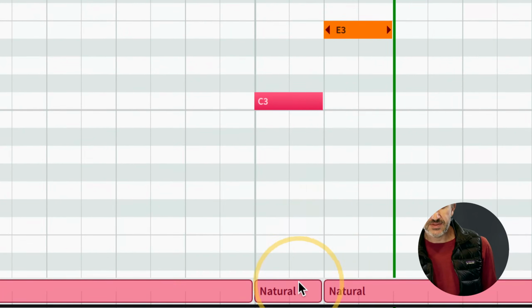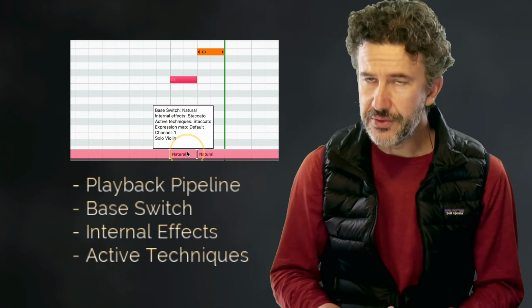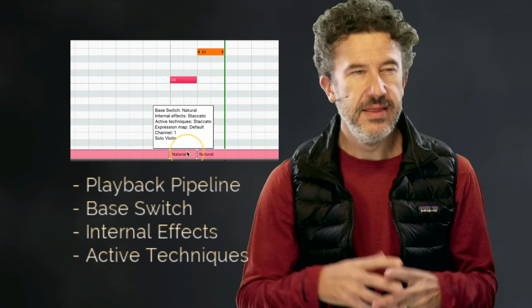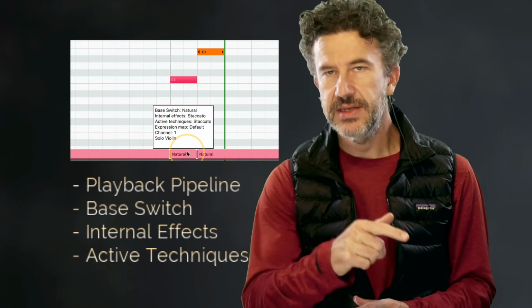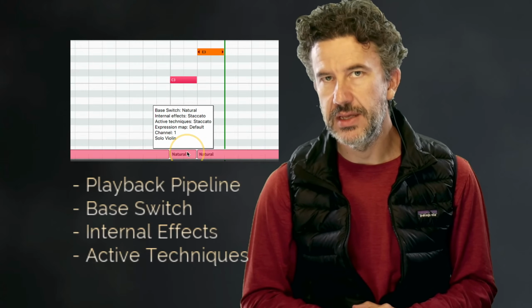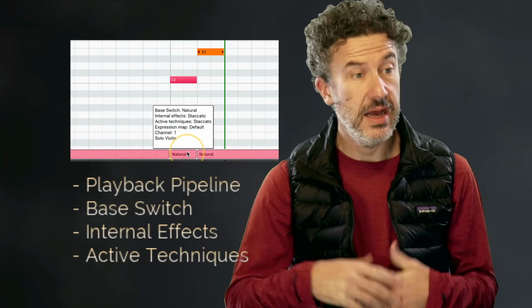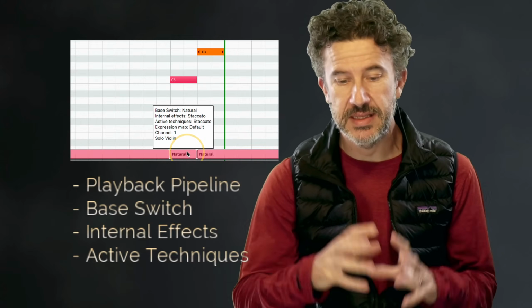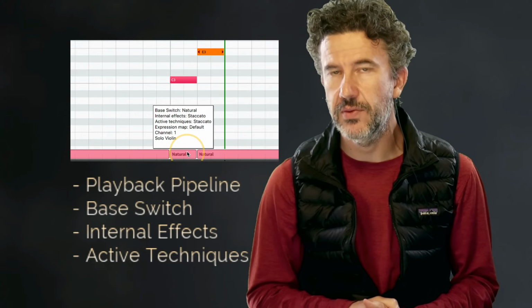And then active techniques. Active techniques is essentially other things that Dorico is aware of, anything Dorico has recognized about the note. And this brings us back full circle to the original problem that I think a lot of people, I certainly, have faced. At this point, I've done so much with expression maps that this is the mechanism I use to trace back and usually solve the problems relatively quickly.